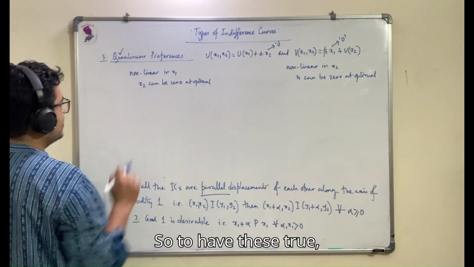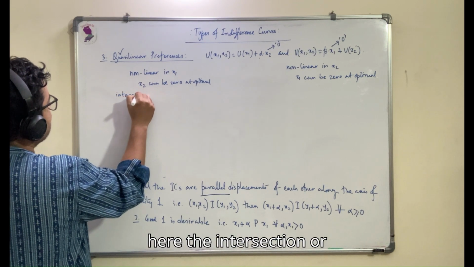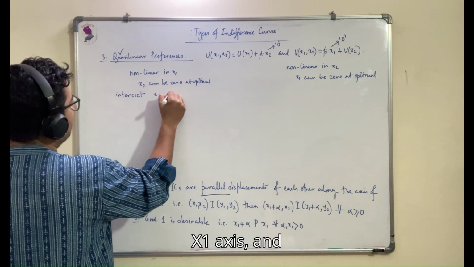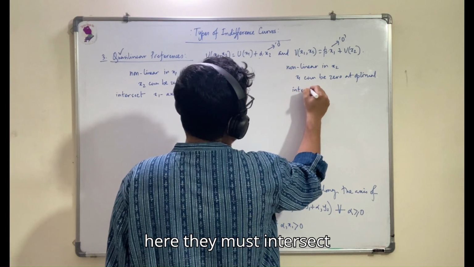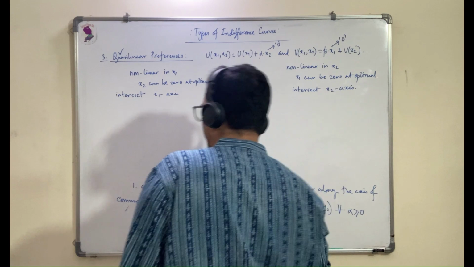Now to have these true, here the intersection or the ICs must intersect the x1 axis, and here they must intersect the x2 axis. Okay.